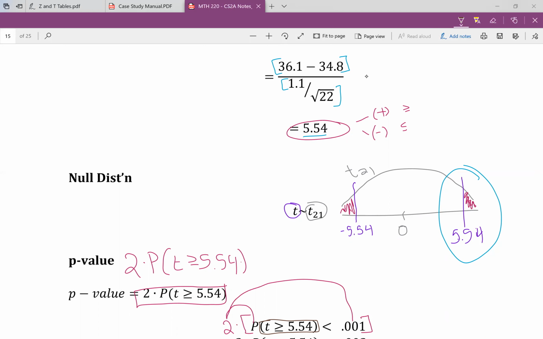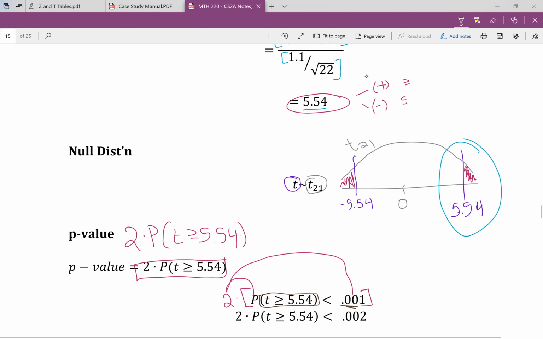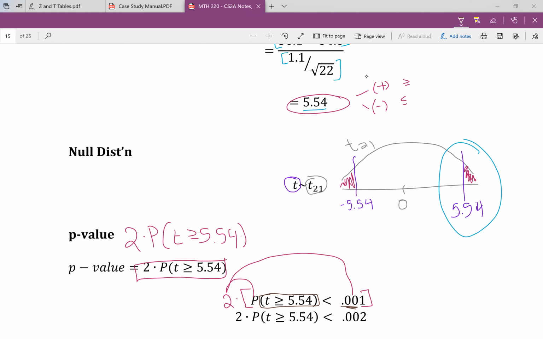This should remain exactly the same. What you're doing is doubling the probability and doubling the number from your chart. Again, notice the 5.54 remains the same. I just have this 2 in front of my probability statement because I'm doubling this probability, and I'm also doubling the 0.001. Multiplying that by 2, you get 0.002.